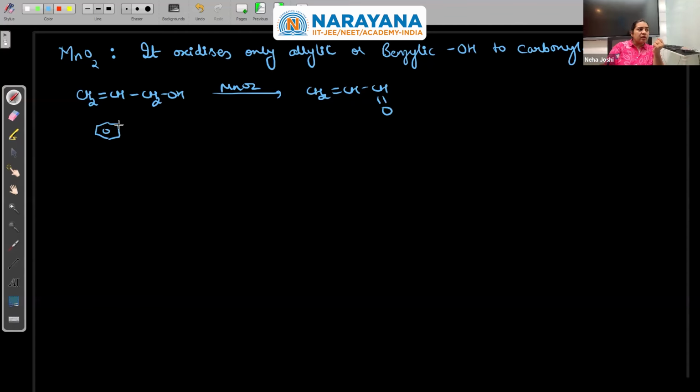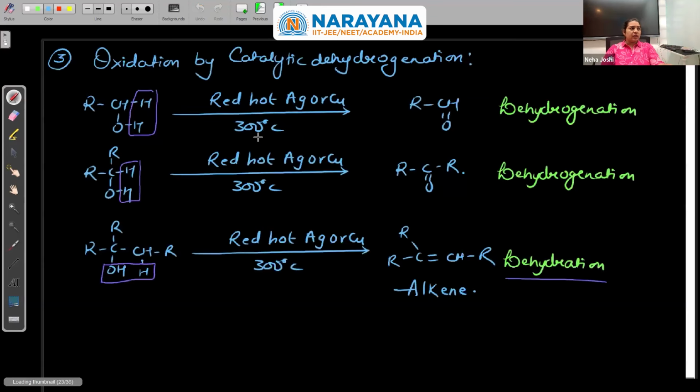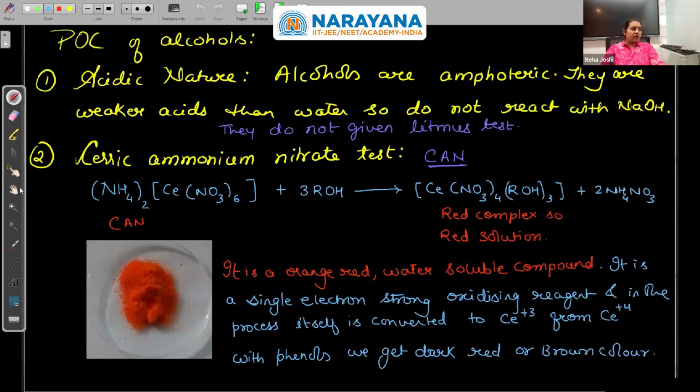If I am given, say, a molecule with an OH and another OH, and now MnO2 is given, you will oxidize only the benzylic OH and leave the other OH, which is non-benzylic, non-allylic, in the molecule as such. Is that absolutely clear? MnO2 is a very, very specific oxidizing agent. Catalytic hydrogenation we have done.